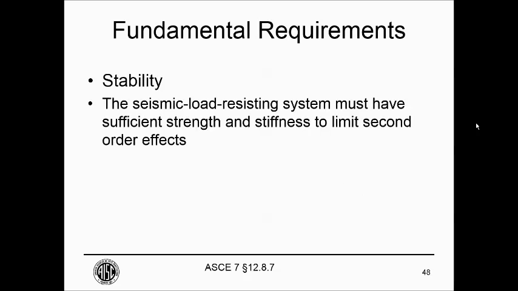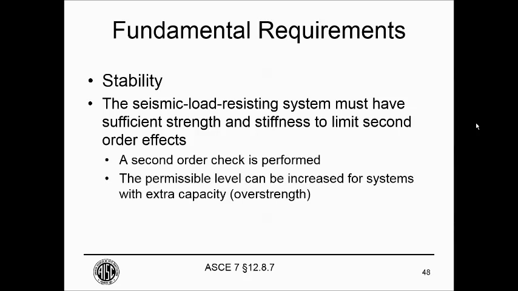There's also an overall stability requirement that limits the second order effect so that we don't have a structure that becomes unstable. We perform that second order check, and we can provide for extra capacity by essentially over-designing our frames.